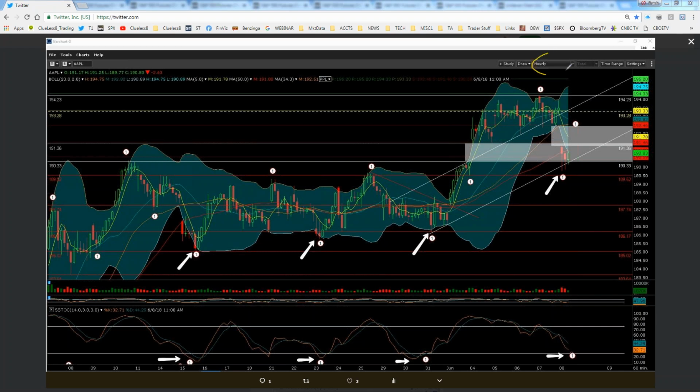Remember, this is an hourly chart. This actually spans all the way from May 8th through June. So this is monthly, but each candle is an hourly candle. That's why it says hourly.